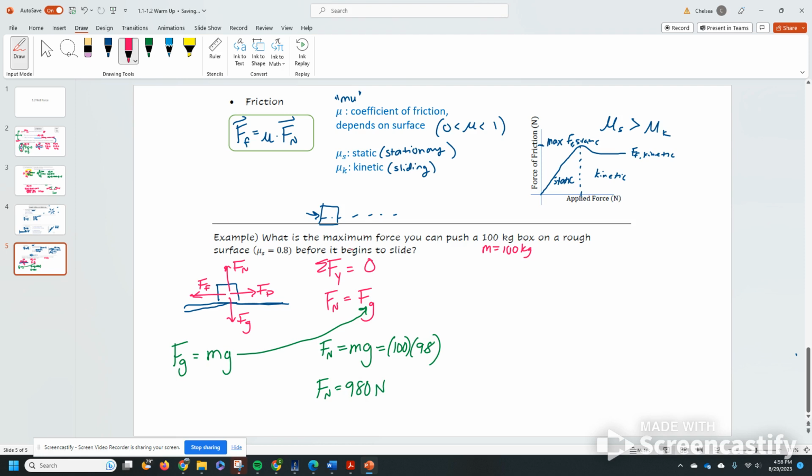We're trying to figure out the maximum force I can push with. So if I look in the x direction, my push to the right has to balance out with my force of friction to the left. So push force equals the force of friction. I'm going to do another substitution here. Force of friction equals mu times the normal force.